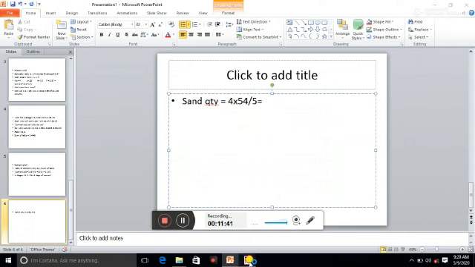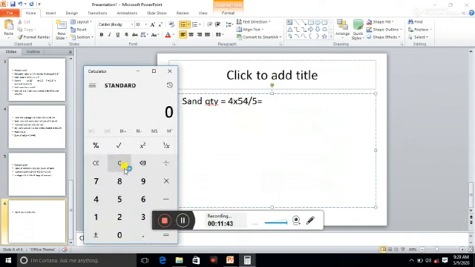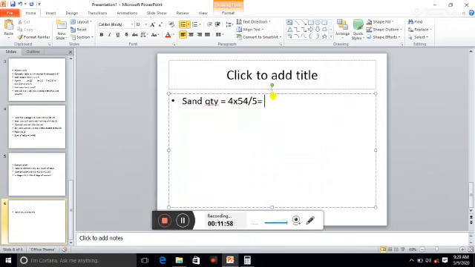Okay, just put the values in the above formula. So 54 multiplied by 4 divided by 5 will give 43.2 cubic feet.